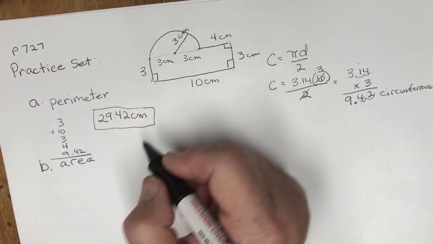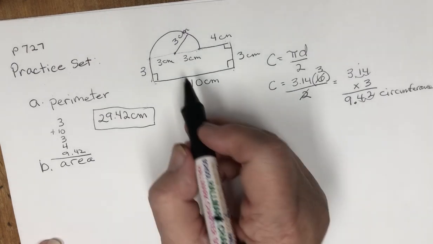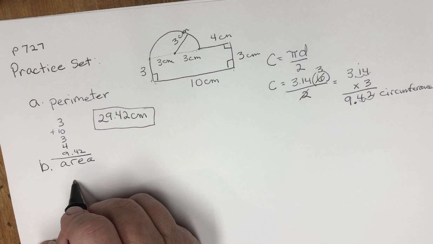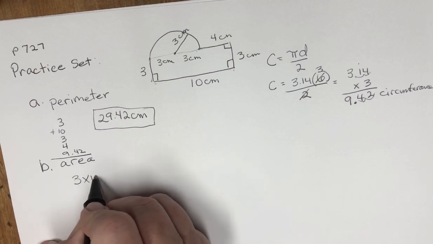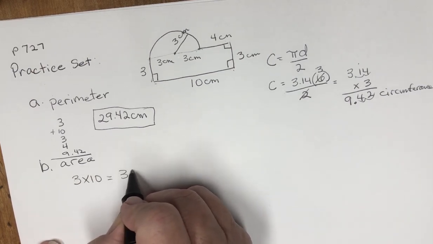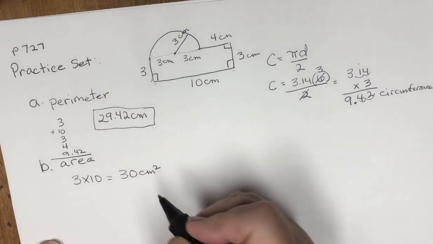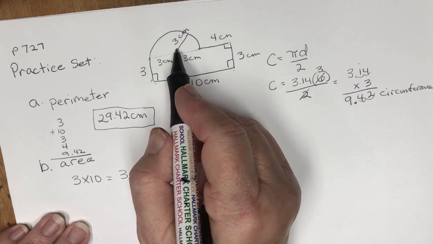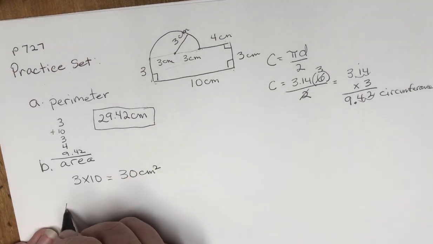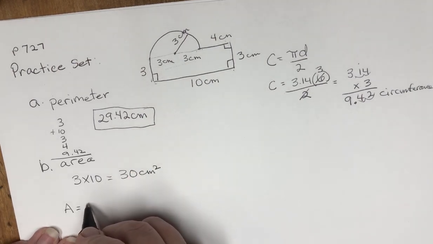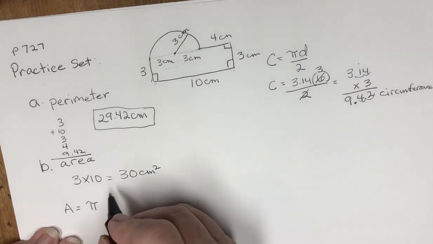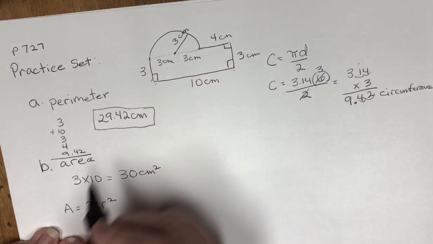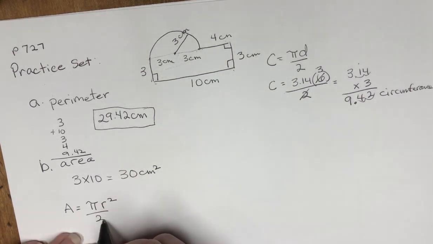Now they want to know area. So first we have to figure out the area of the rectangle, and that's easy now because we already figured out some other things. So it's going to be 3 times 10, which will equal 30 centimeters squared. So that's the area of the rectangle. We've got that. Now we need the area of the circle. Well, we know area equals pi r squared, but this is a semicircle, so we're going to divide it by 2 when we get our answer.